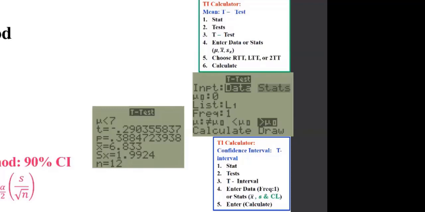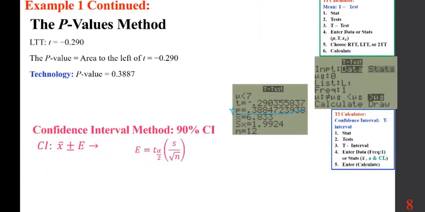Here's your p-value, which is clearly larger than 0.05, and therefore you get the same result: do not reject H0. It's way larger than alpha, which was 0.05. This is a left-tail test. The test statistic was negative 0.290, so the p-value is the area to the left of that, which we found to be 0.3887 or so as far as the technology is concerned.